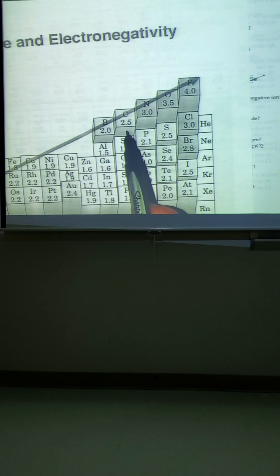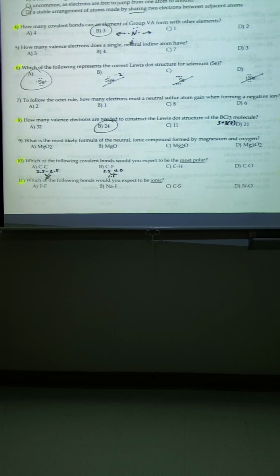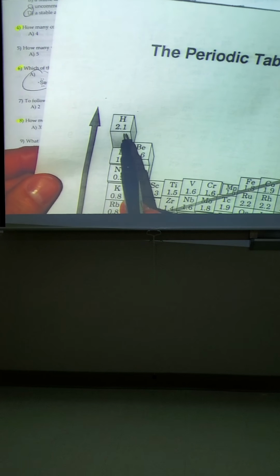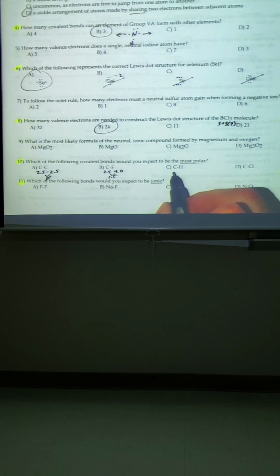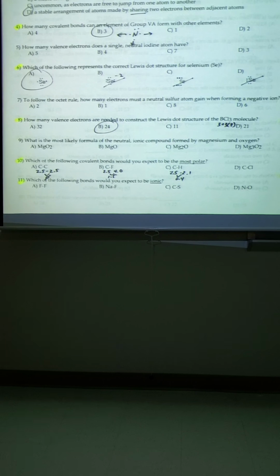Carbon to fluorine would be 2.5, 4.0. That's 1.5, that's very polar, so far the winner. Carbon to hydrogen, 2.5, now subtract 2.1. So in that case, 0.4. So that's non-polar based on our definition. I need to be 0.5 or larger.